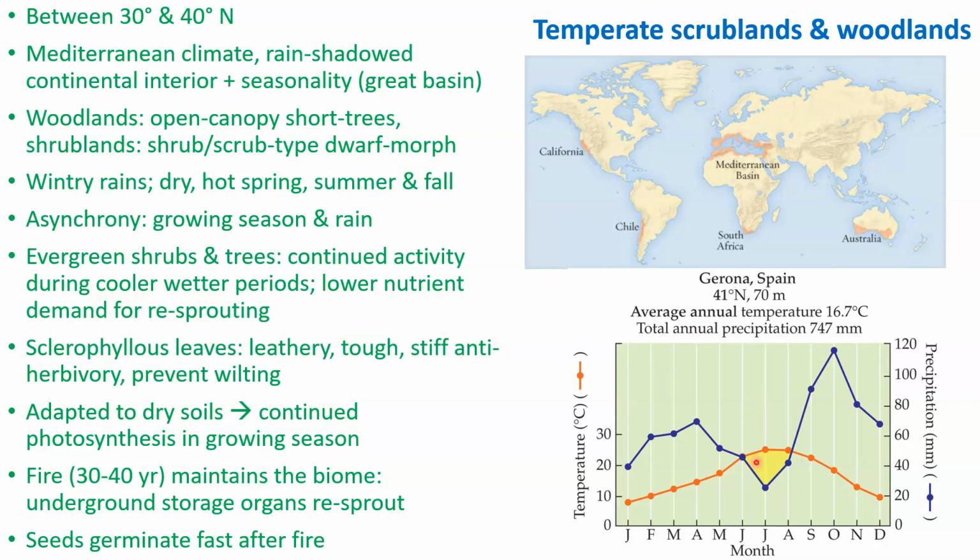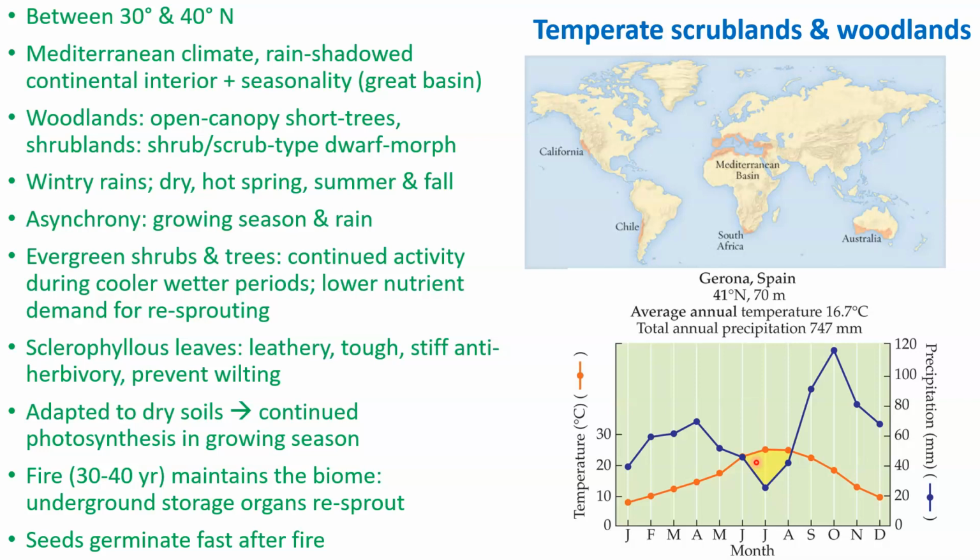Those biomes are found also in continental interior, particularly continental areas that are protected by mountains. That's what I mean by rain shadows, right? And these areas also undergo very dramatic seasonal changes, right? And the temperate woodland types, usually in terms of their habitat characteristics, have an open canopy.